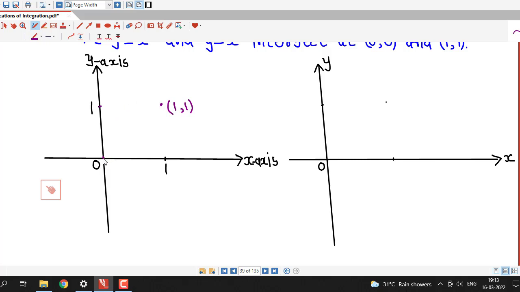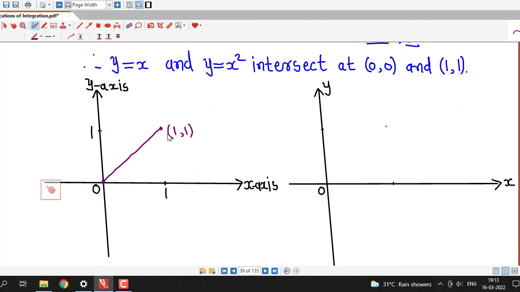We first consider y equal to x, the line passing through the origin and the point (1, 1), and y equal to x square is the parabola, which also passes through these two points. We will not consider the whole parabola, only the portion of the parabola lying between these two curves.